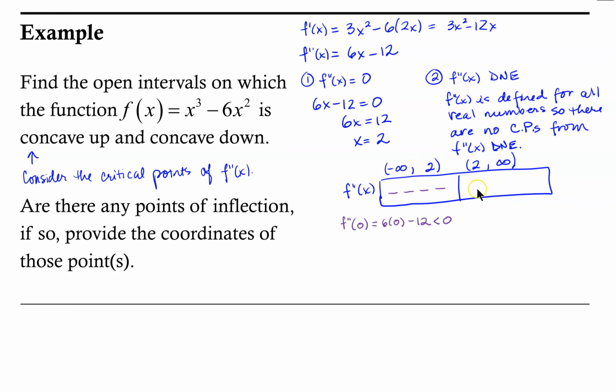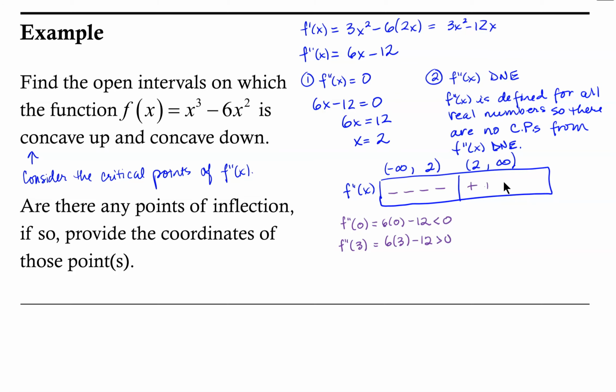Choosing a nice convenient value in the interval from 2 to infinity, like 3, f double prime at 3 will be 6 times 3 minus 12. 6 times 3 is 18, and 18 is bigger than 12, so when I do that subtraction, I will get a positive number.